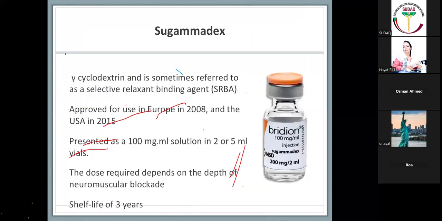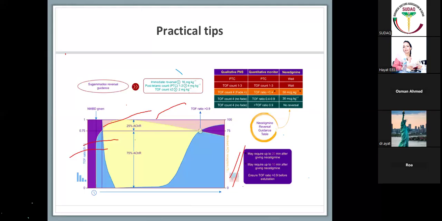Neostigmine usually requires some spontaneous recovery before you use it, because otherwise it will not work. So regarding the minimum block, if the train of 4 is more than 0.4, generally I would say, only then can you give reversal. And what you need is a train of 4 ratio of more than 0.9 for recovery.